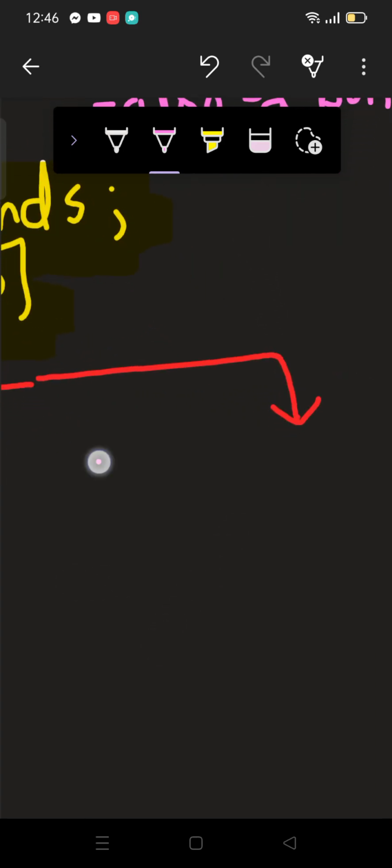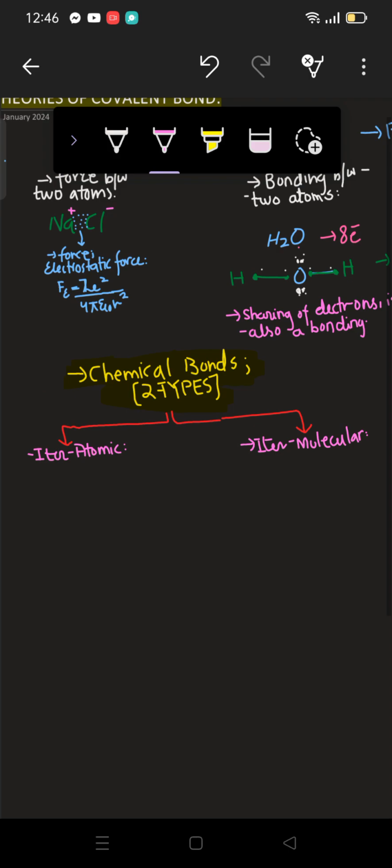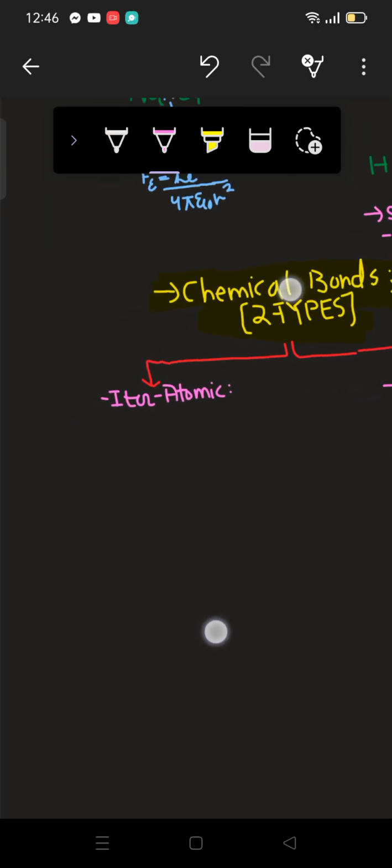The second type is intermolecular, which is between molecules only. So interatomic is between two atoms, and intermolecular is between two molecules, right?